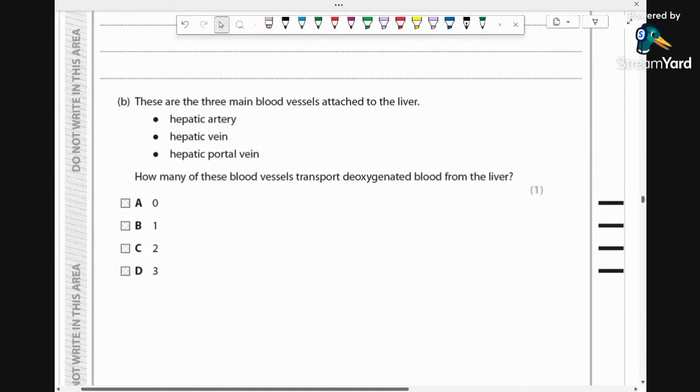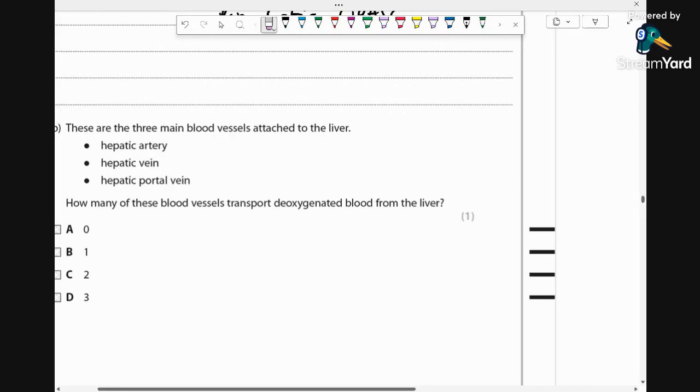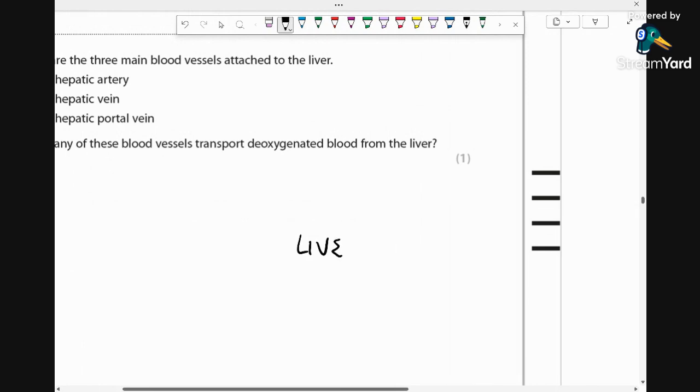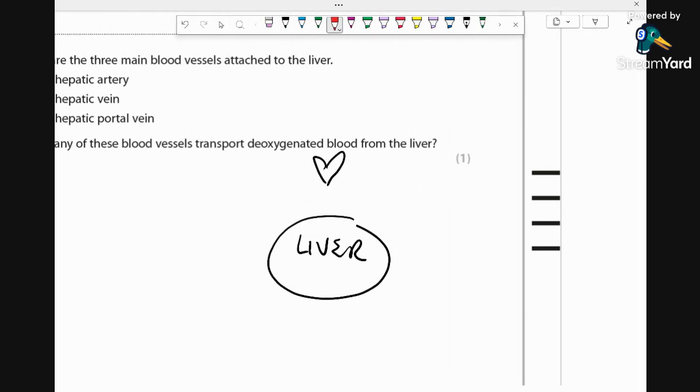Right, there are 3 main blood vessels attached to the liver. So hepatic artery, hepatic vein, hepatic portal vein. It's worth drawing this out. So if you have your liver here, and you've got your heart here, the blood going to the liver will be the hepatic artery.